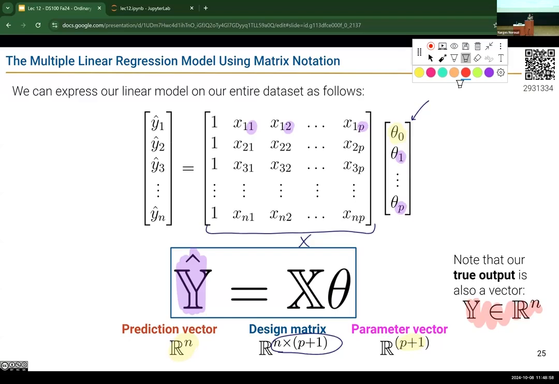The best case scenario is that the distance between them is equal to 0, so I have perfect prediction. In reality we know that we can't always get perfect prediction, but what we want to make sure is that the distance between these two is minimized. And that's what we're going to do in the next step.